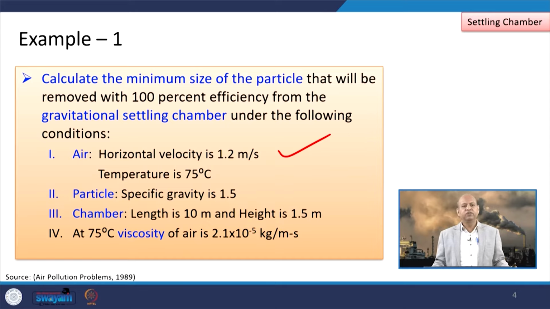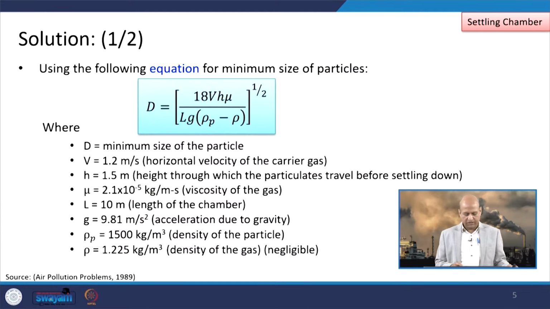At 75 degree Celsius, the viscosity of air is given as 2.1 into 10 to the power minus 5 kilogram per meter second. So, we use this particular relationship to calculate the minimum size of the particle which can be removed fully.